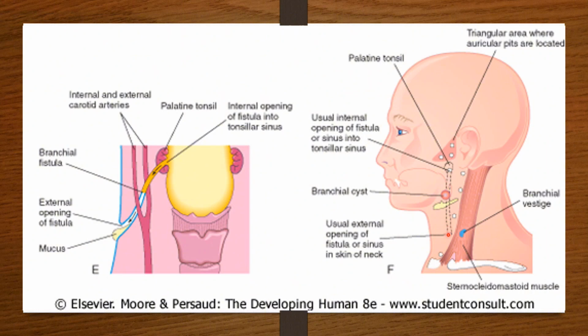The other locations are the openings of the branchial vestiges, or sometimes the branchial sinuses, which are present over here. Here you can see the triangular area where the auricular pits may be present. So these are the different remnants of the cervical sinus which are related to the development of the pharyngeal clefts.